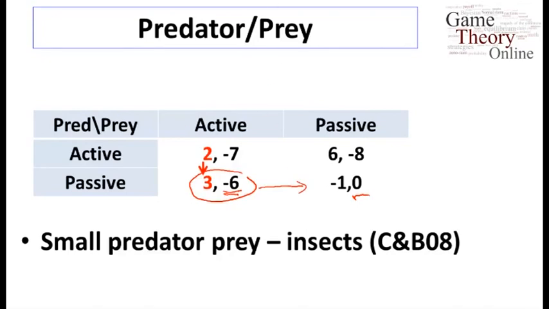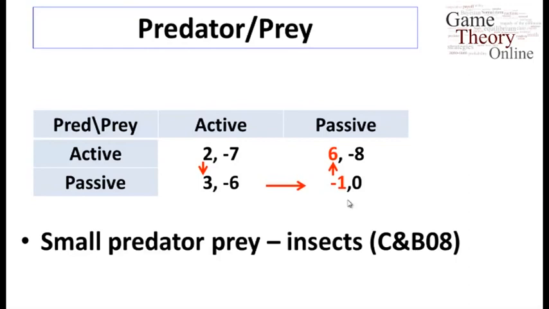So if the predator was actually passive, then the prey would prefer to be passive. They can save calories by being passive once they're dealing with passive predators. But once we look at that, we end up seeing that if the prey is going to be passive, well, then an active predator catches a lot more prey, and so then the predator wants to be active.